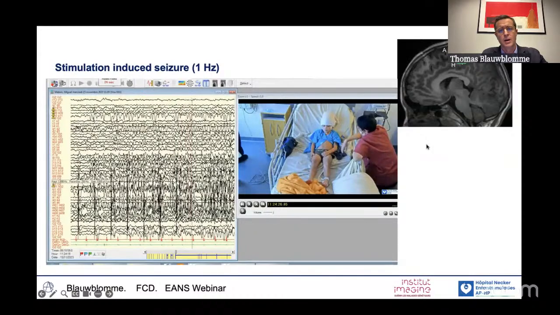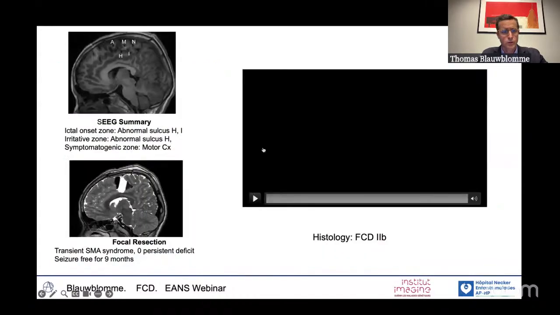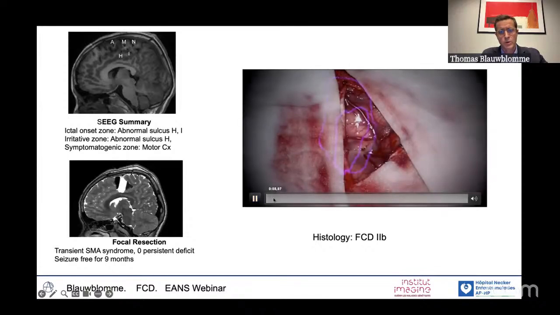So this is a supplementary argument to go for surgery. And the summary of this SEEG is that there is an abnormal sulcus on the MRI, an irritative zone with interictal continuous spiking on a very limited area of the brain that is therefore amenable to surgery.